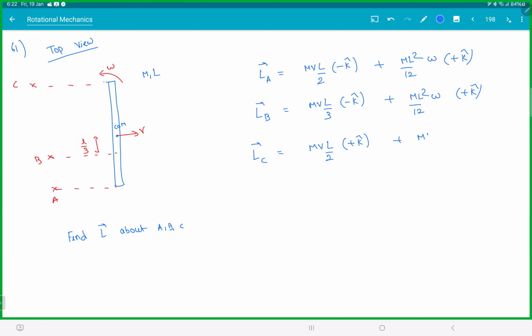The second term will always be same. Easy? Check. Anyone who didn't get the term, direction, anything not clear, please ask.